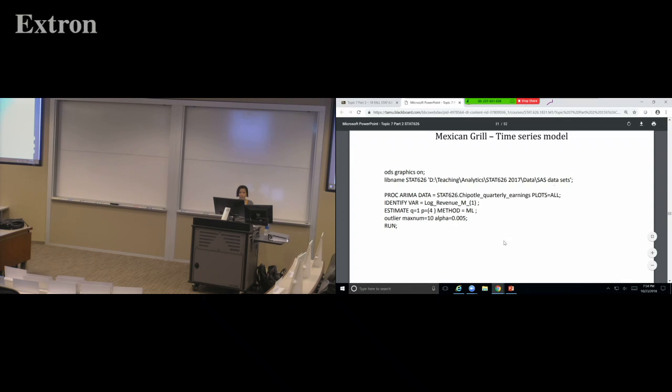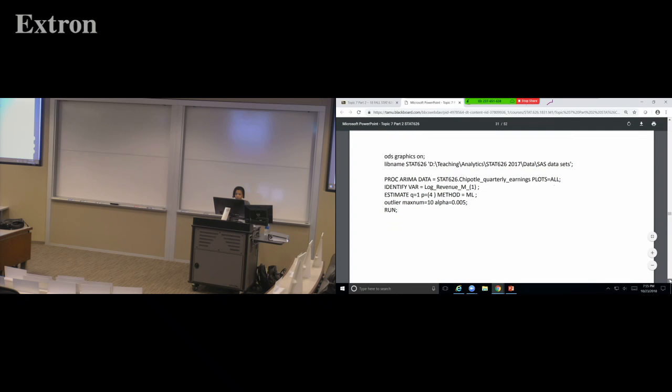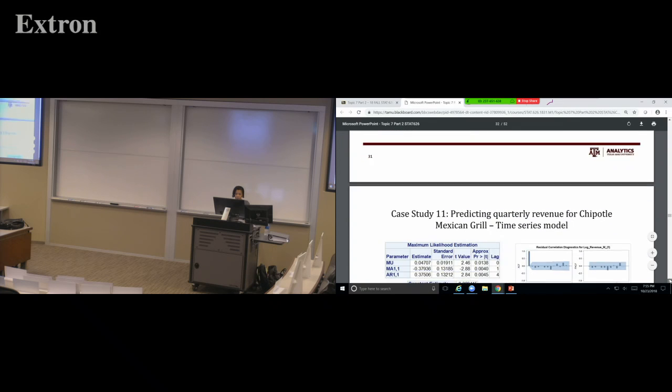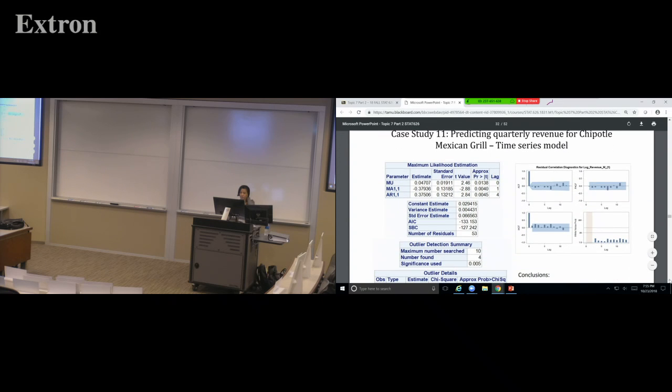Remember, this time series model that we're investigating has a non-seasonal moving average component of 1, that's a Q equal to 1, and a seasonal component of autoregressive 1 with cycles of 4. So it's this multiple, so this is a 1, but our cycles are 4. Okay. It's been a moment since we did that lecture on seasonal ARIMA models, so I'm trying to remind you of what the SAS code looks like.